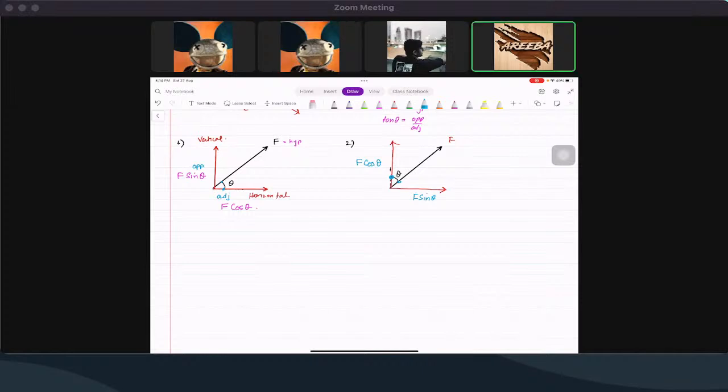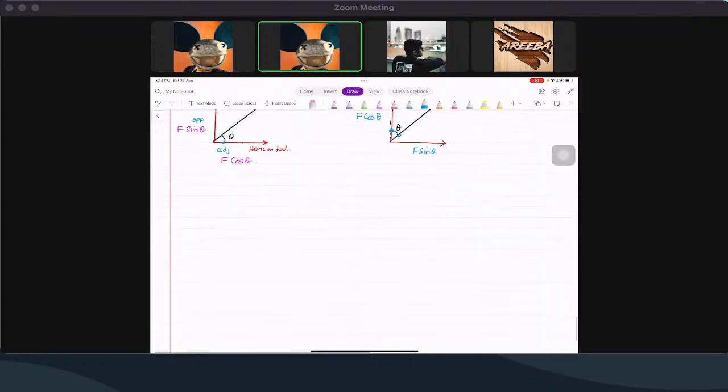Yes, sir. Okay. Now let's do a small exercise where we'll learn how they're managed. So example number 1, you got a vector which has a value of 35 meters per second, angle is 57 degrees.